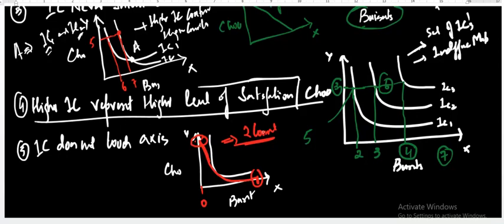So because at least one unit of each commodity is present, it never touches any axis, neither the x-axis nor the y-axis. It does not touch any of the axes, because neither combination has 0 of one commodity.